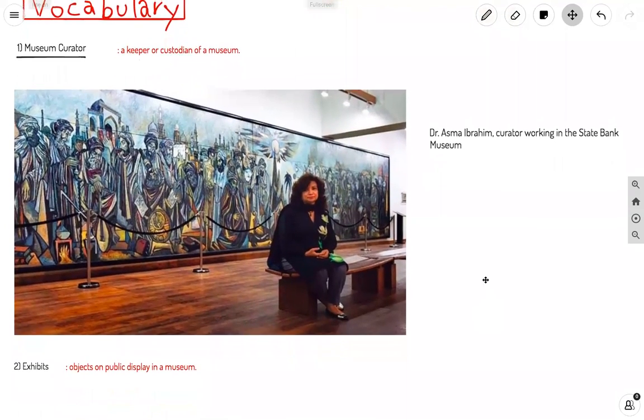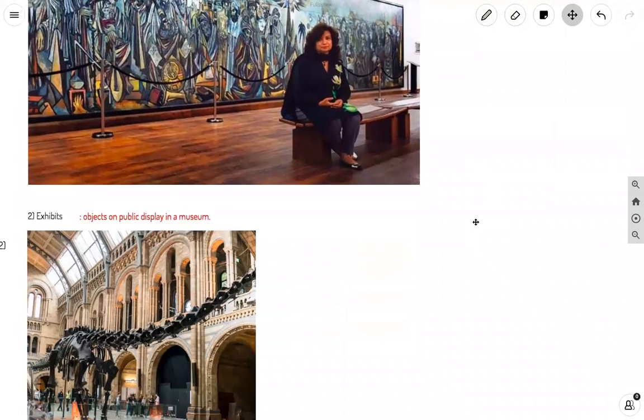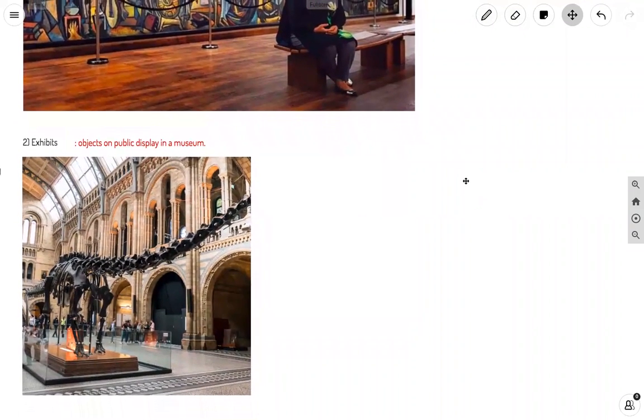Now we have the second word right here, exhibits. What is an exhibit? You could see right here, you can say that this is a part of a dinosaur exhibit. So we can see that this dinosaur skeleton is on display for people to see.